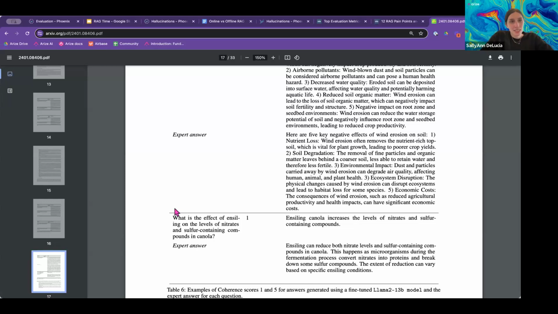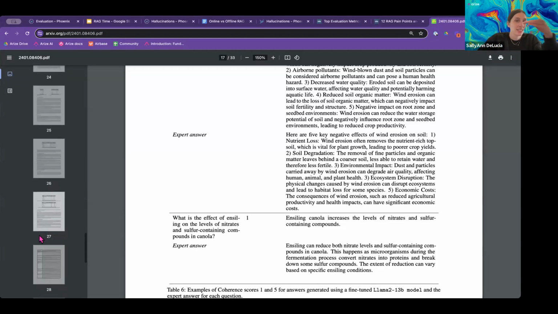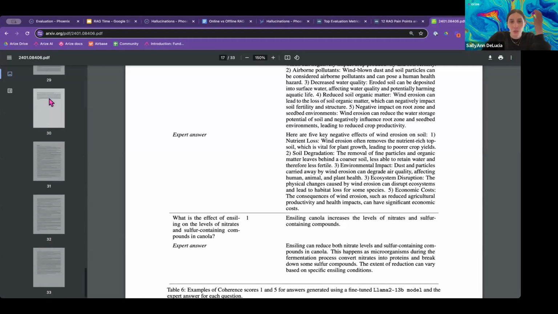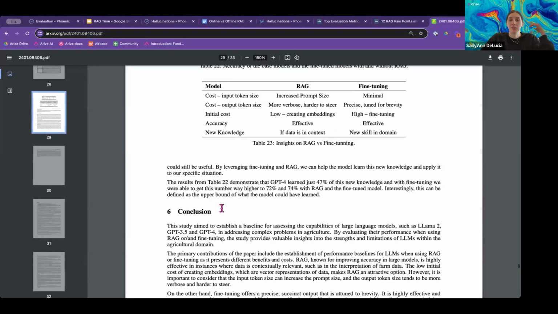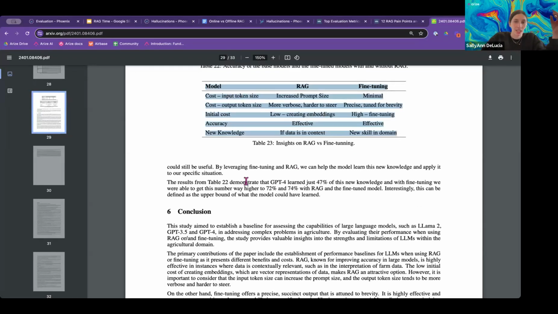And in the end, they didn't really give me any new information that I didn't already know. At the end, their conclusion essentially said, look, RAG improves accuracy. It's effective for tasks where data is contextually relevant, and there's a low initial embedding cost. But really, this is going to be for in-context info.